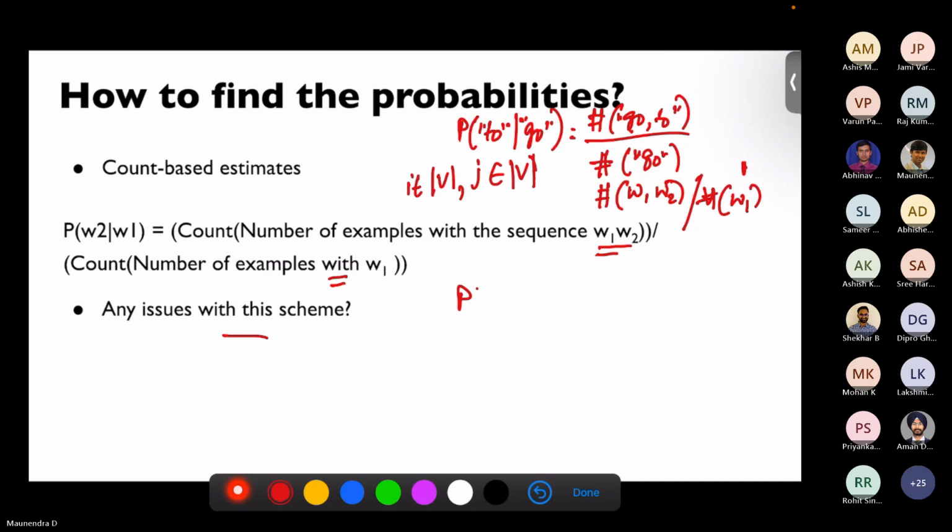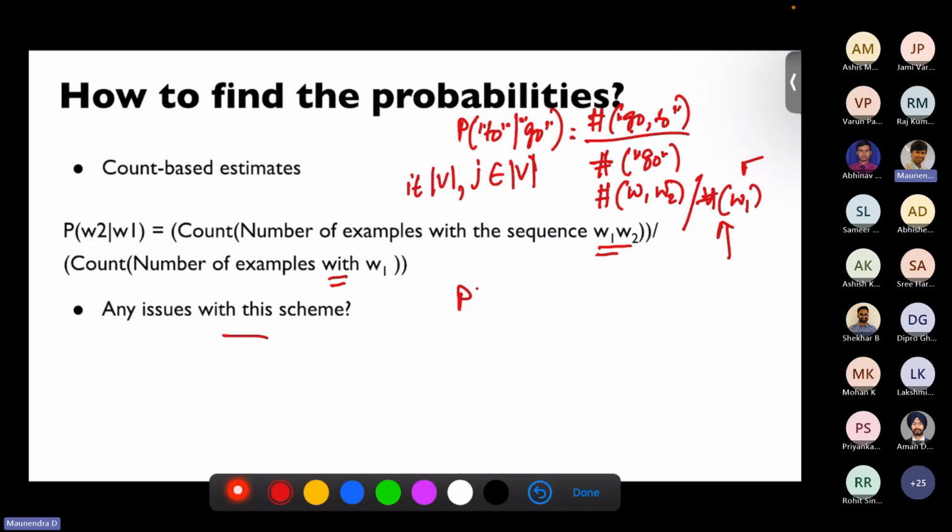However, what if W1 itself is a very rare word? A rare W1 means the denominator is very small. And when the denominator is very small, this overall quantity is expected to be very large. At the same time, if the denominator is very small, that means we are trying to get this probability, which is nothing but a statistical estimate based on a very small number of observations. That is always very unreliable.